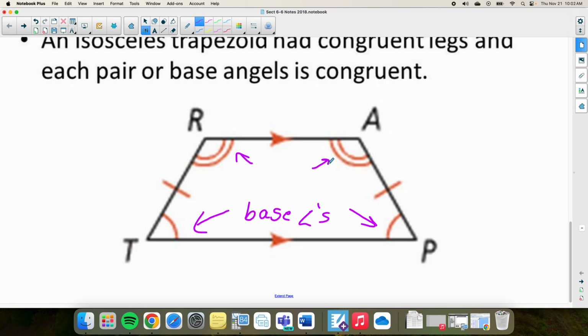One other thing that we're gonna know about an isosceles trapezoid is that the diagonals are congruent. So maybe off to the side, just so you can see it right away when you look at it, right? The diagonals are congruent. Okay?